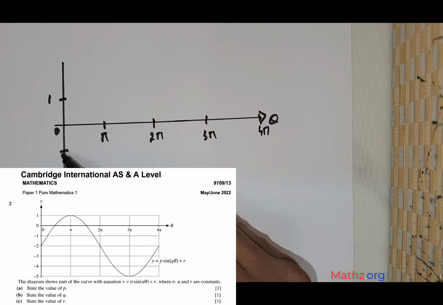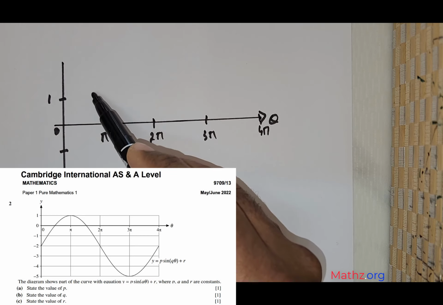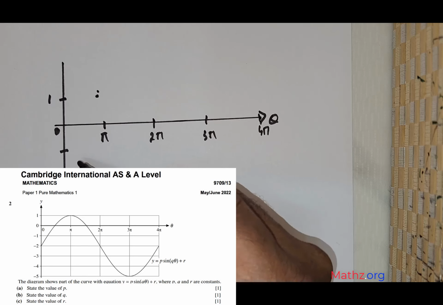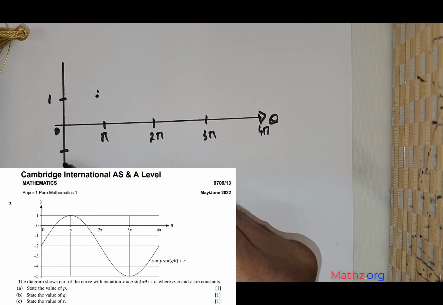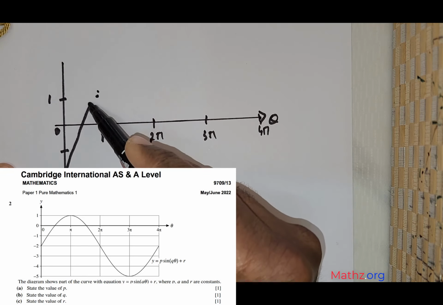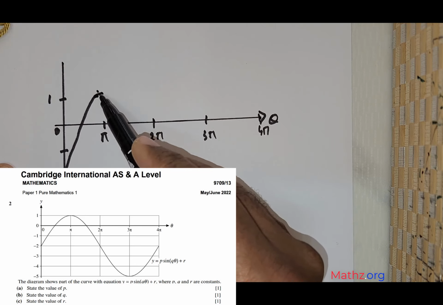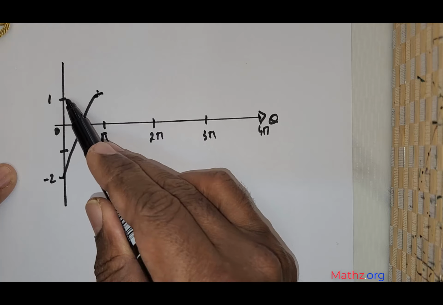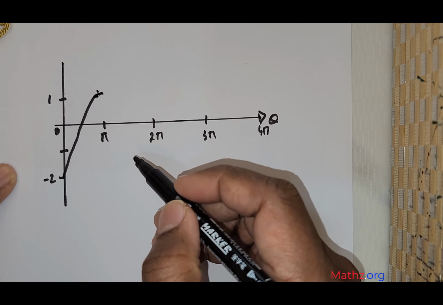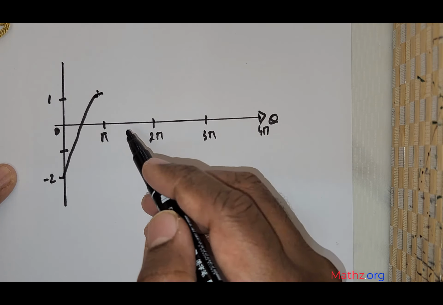Okay, so as I mentioned to you, it starts from -2 and hits the point 1. So this is at pi, it is exactly at 1. It corresponds to the y value 1.